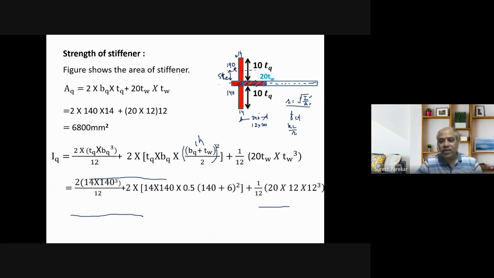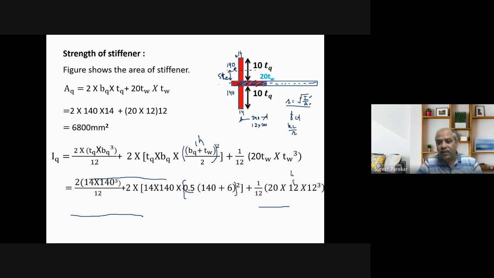So you can see we have 140 plus 6 into 0.5. So we actually have h square, and h is actually 5 tq plus tw by 2. So we have this value in this fashion, and we have the square of this plus 1 by 12, 20 into 12.